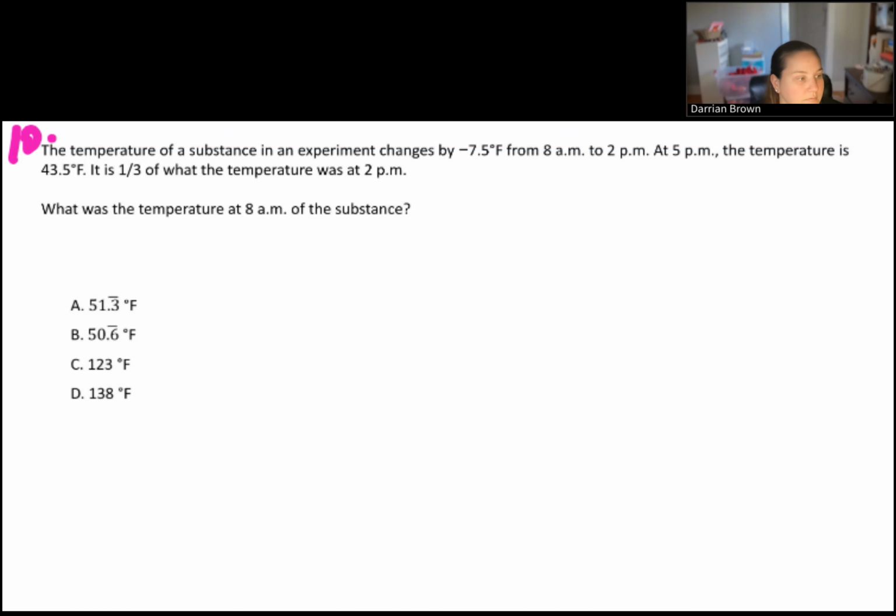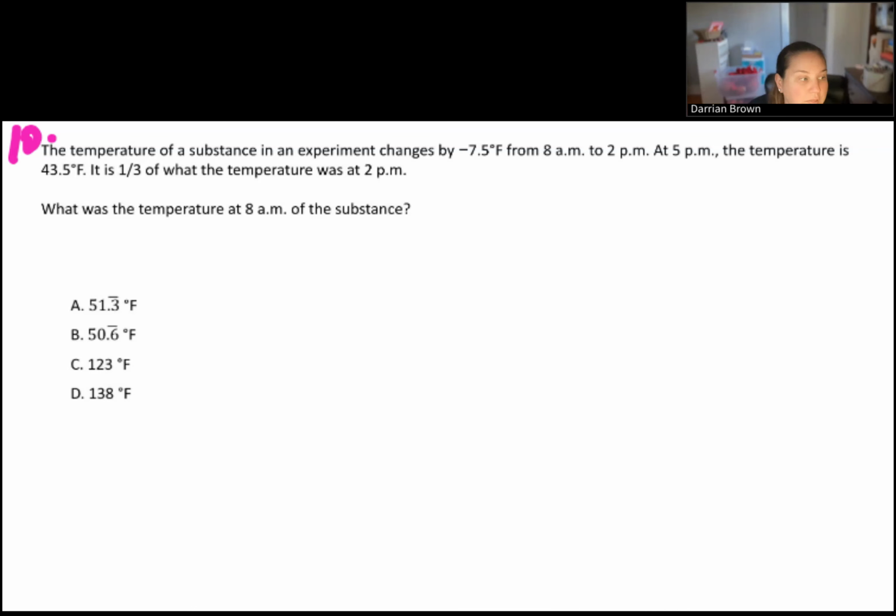It says the temperature of a substance in an experiment changes by negative 7.5 degrees from 8 a.m. to 2 p.m. So that means from 8 a.m. to 2 p.m., the temperature drops 7.5 degrees. At 5 p.m., the temperature is 43.5.